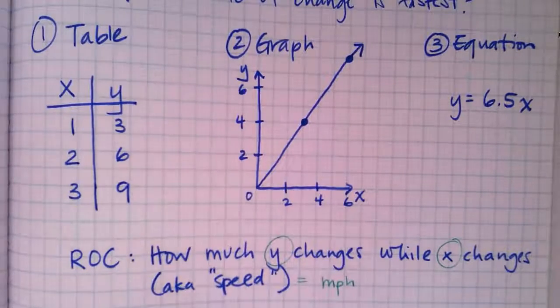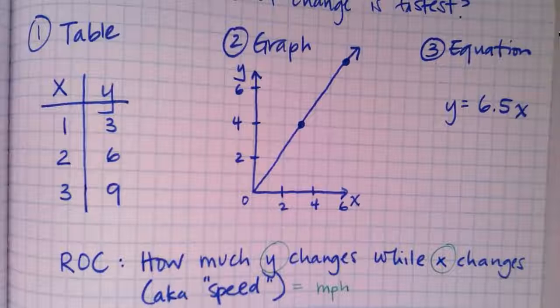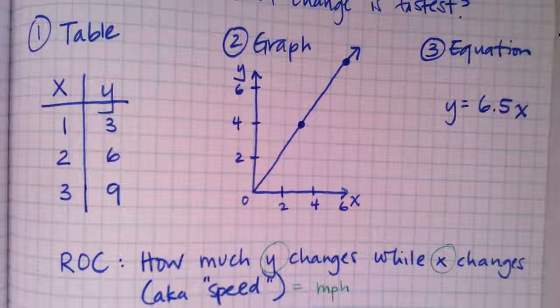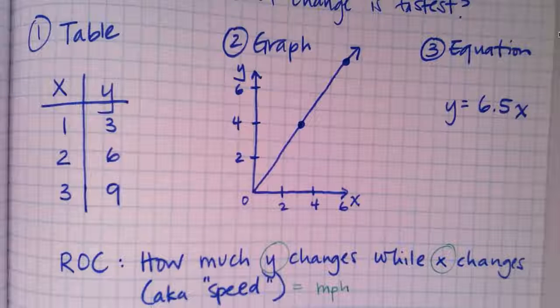And the per tells you how much they're changing. So each hour that passes in the car or the train or whatever, how many miles also changes. So you're comparing 2 different variables and how they change together. Whenever you do that, you're really talking about speed. Okay, so rate of change is just a fancy way of saying speed, how much one variable is changing while the other is also changing.